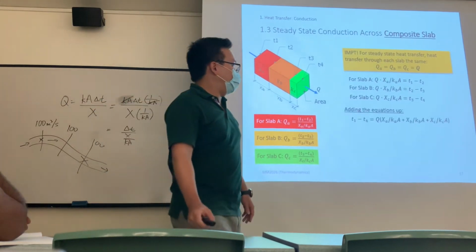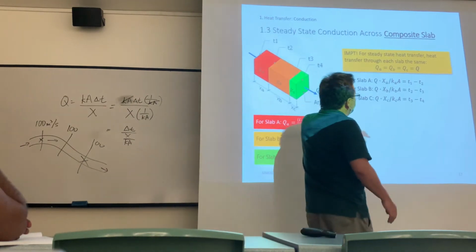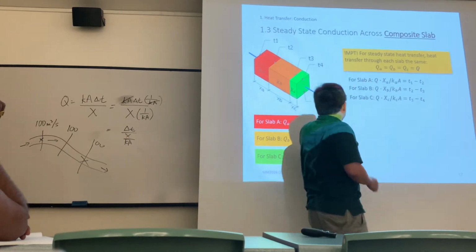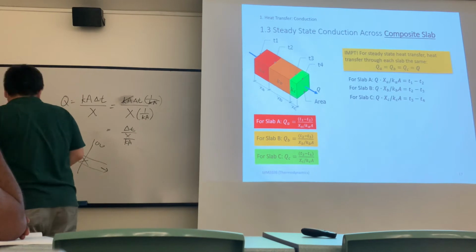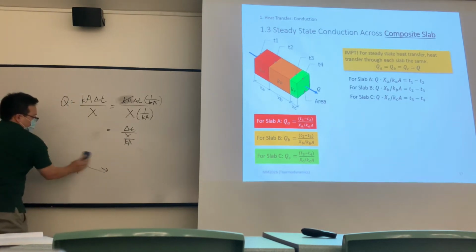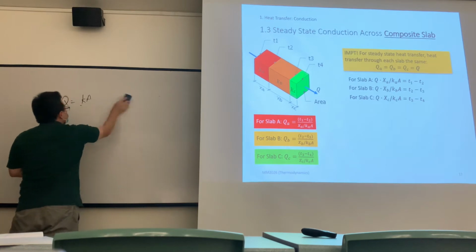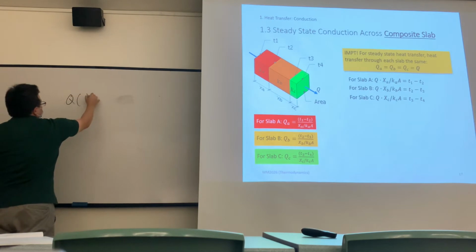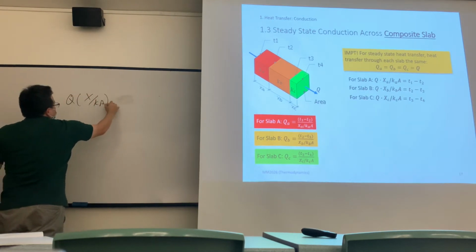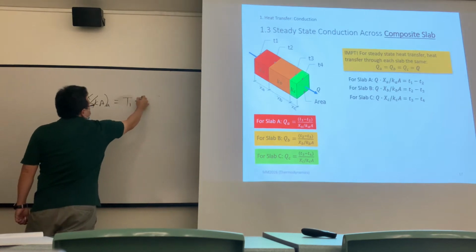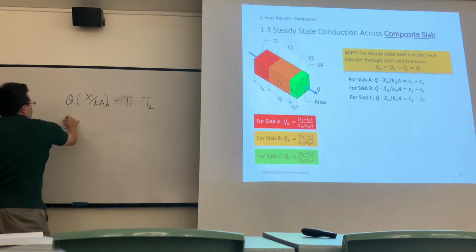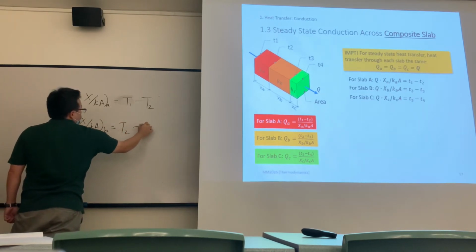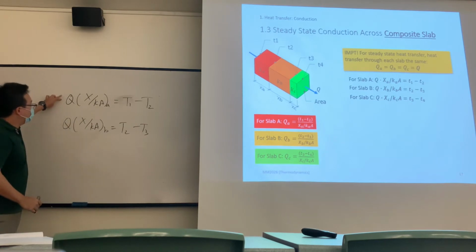So what I do next is I add them up. This whole equation here, this one plus this one. So when I add this one with this one, what do I get?